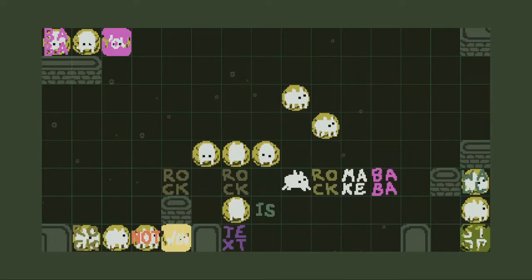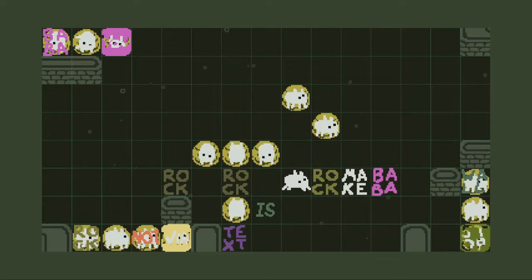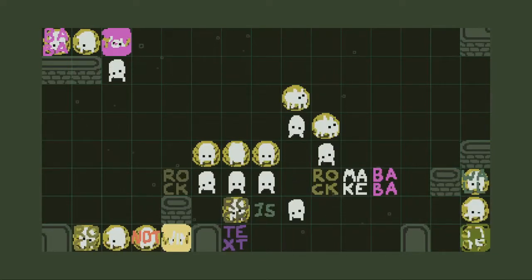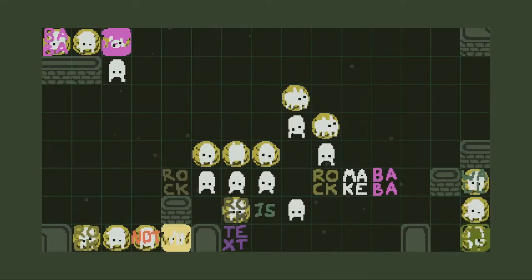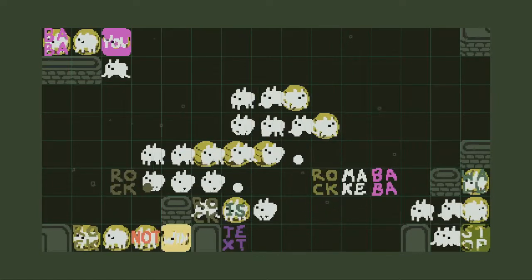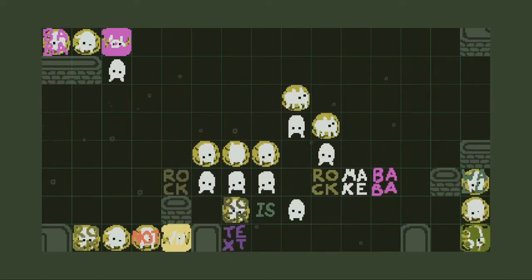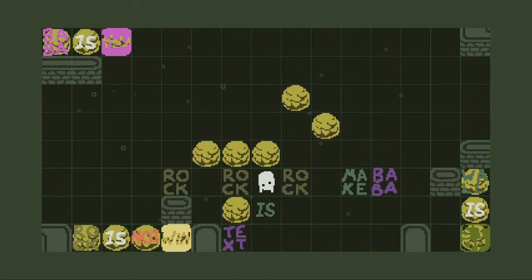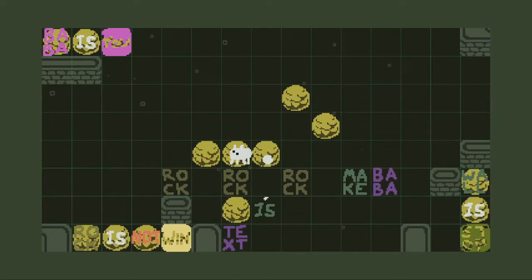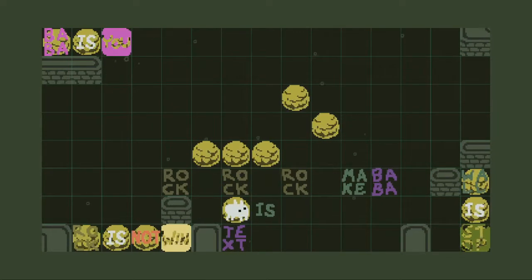I guess like this. Can I move down safely? I cannot because I just pushed that word down. But other than that, I could push to the left a couple of times and I wouldn't break up Baba is you.